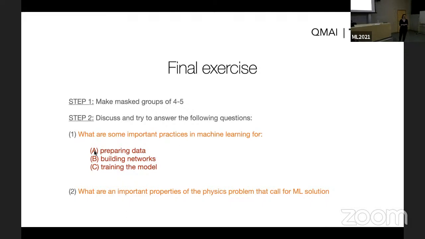Do we have any more comments here? Okay, then maybe let me just skip to the final question, because that's the really, really important one. So what are the important properties of the physics problem that actually call for a machine learning solution, right? You should leave the school writing papers when you solve new problems with a meaningful computational method.